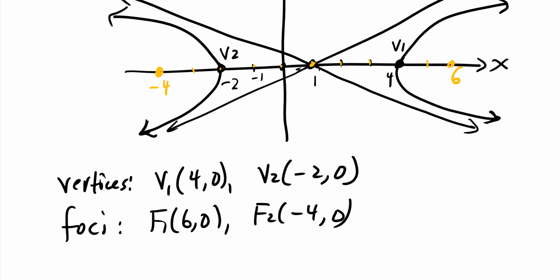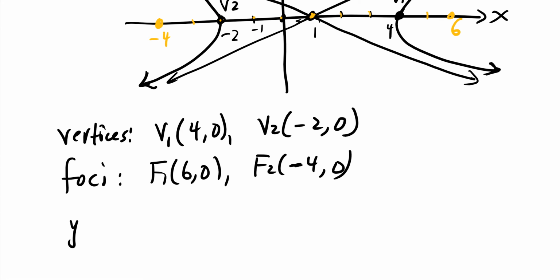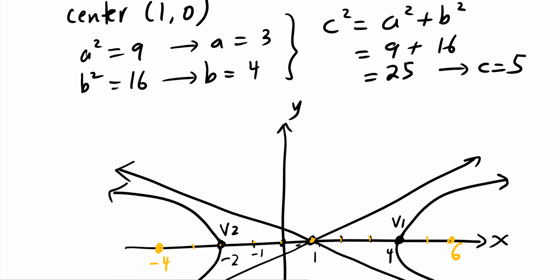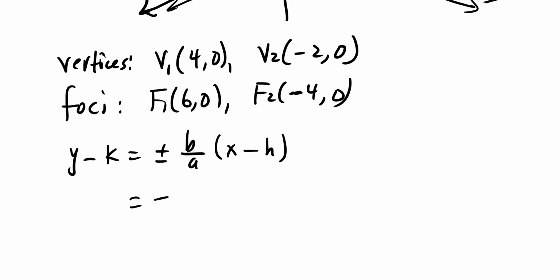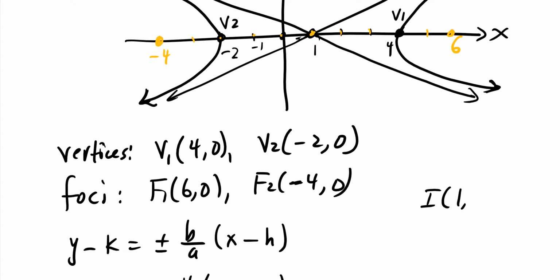We found the vertices, foci, center, asymptotes, right? It's y minus k equals plus or minus rise over run, b over a, times x minus h. We found b was 4 and a was 3, so 4 over 3. The center was (1, 0).